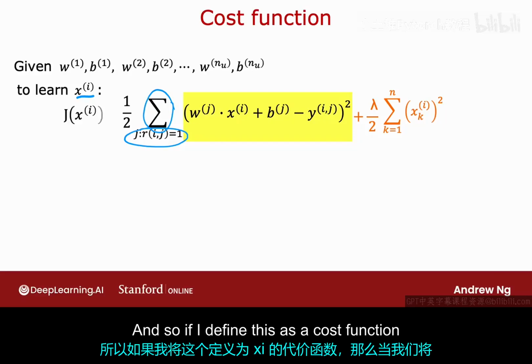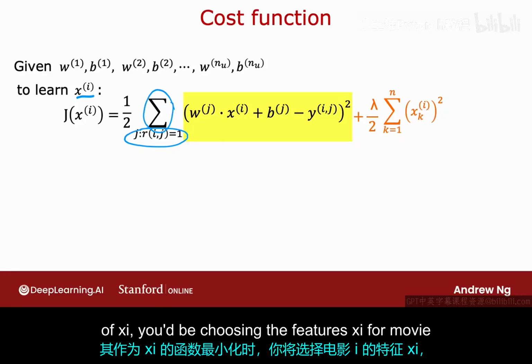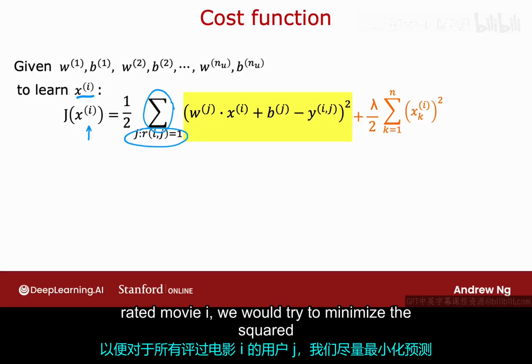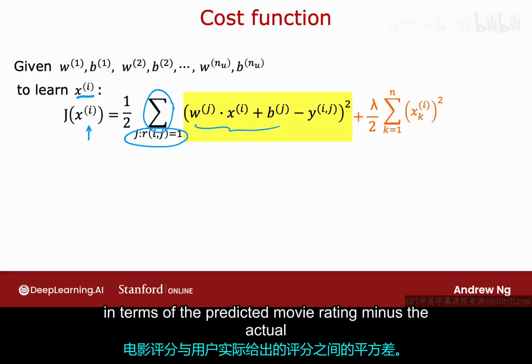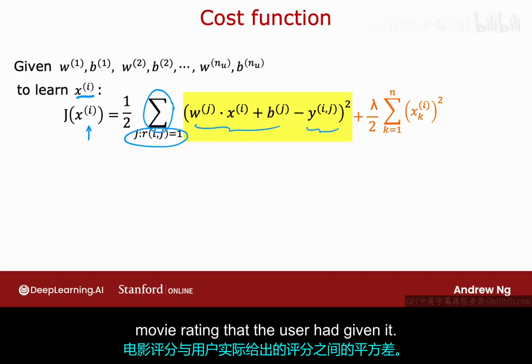And so if I define this as a cost function for x^(i), then if we minimize this as a function of x^(i), you'd be choosing the features x^(i) for movie i, so that for all the users j that had rated movie i, we would try to minimize the squared difference between what your choice of features x^(i) results in terms of the predicted movie rating, minus the actual movie rating that the user had given it.